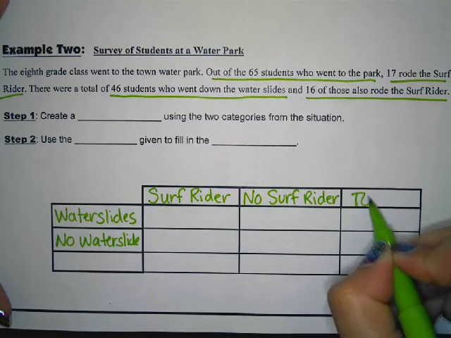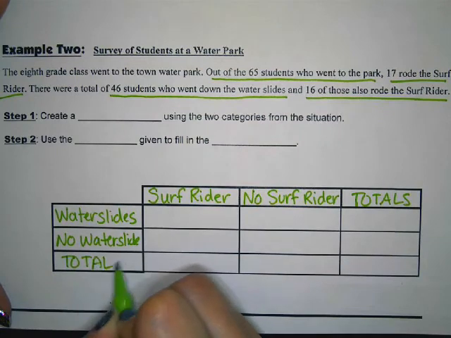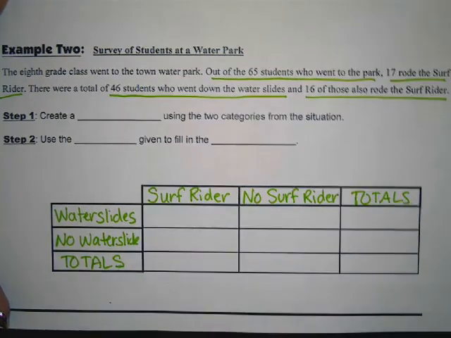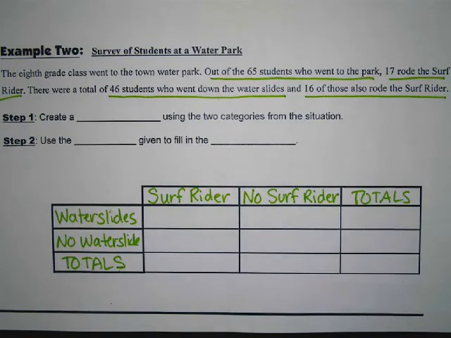And then we have our totals and our totals. I do want to mention, sometimes we won't put the totals in, but you'll just know that you can add that in to the chart.